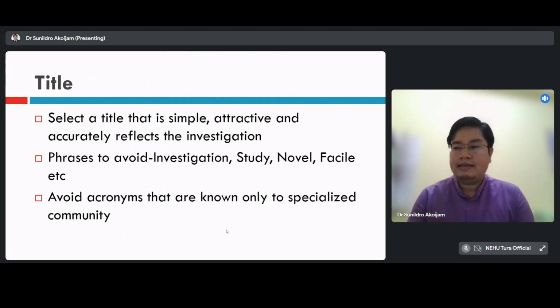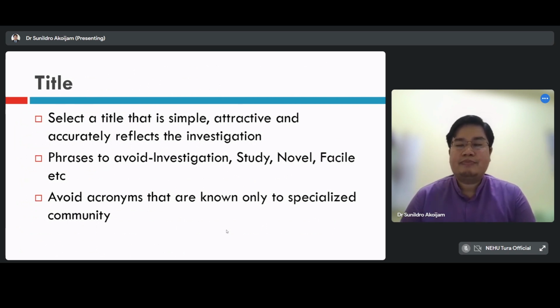So title is something which creates a first impression in the minds of the readers. If the title is very attractive, very interesting, then obviously it creates a kind of interest, and it creates that kind of motivation to read the paper further.